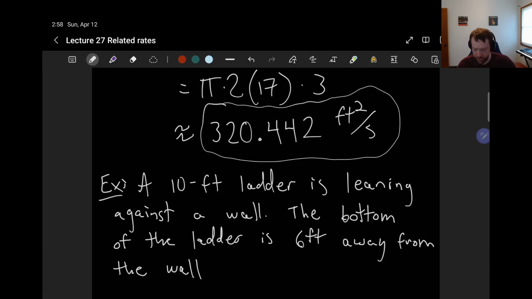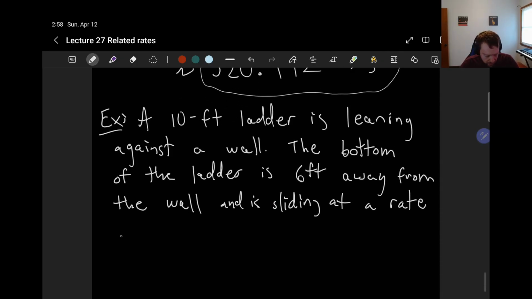And we're talking about at a particular moment, of course, because that does change over time. And it is sliding at a rate of 2 feet per minute. So it's a pretty steady, gradual sliding away.